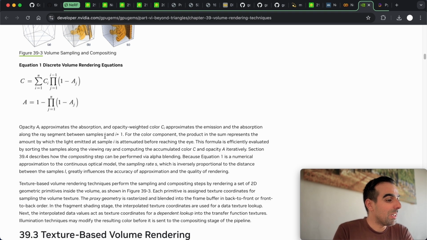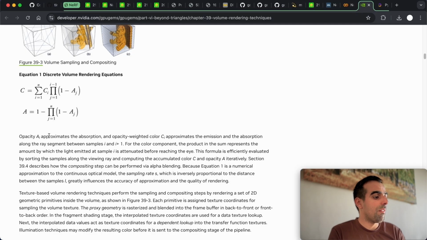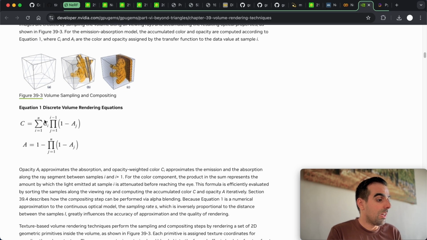So you are trying to compute this between i and i plus 1. So you have the opacity A that tracks the absorption, how much light is left, and you have the color based on the opacity. You are calculating the color, and along the ray, along all the samples in the ray, you can find the final color of the pixel in the image.